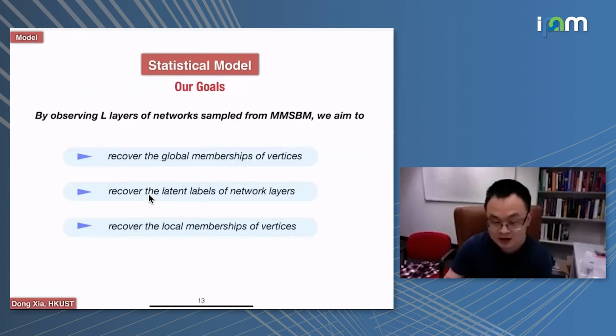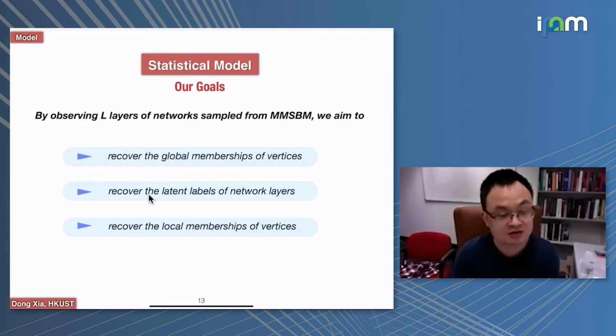Now let me briefly explain overall what kind of goals we want to achieve. If we observe L layers of networks sampled from this mixture multi-layer SBM model, then we have 3 tasks. The first task is to recover the global memberships of vertices.